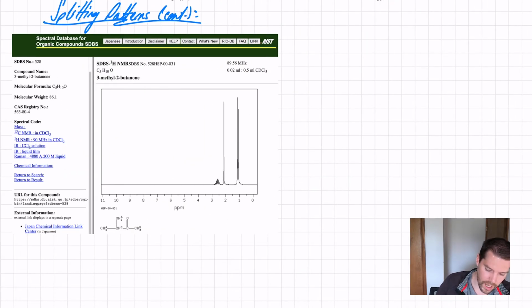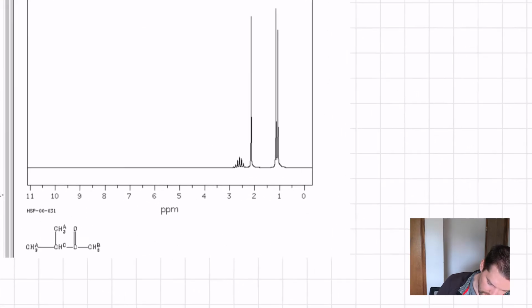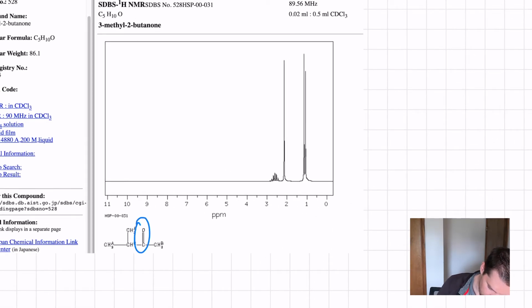Let's look at another common splitting pattern. This is just some ketone. And what I really want to point out is just a couple things. Here, let me just bring this out. So it looks like this. H, there's like the rest of my R group.